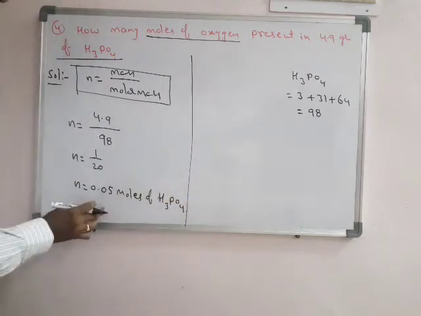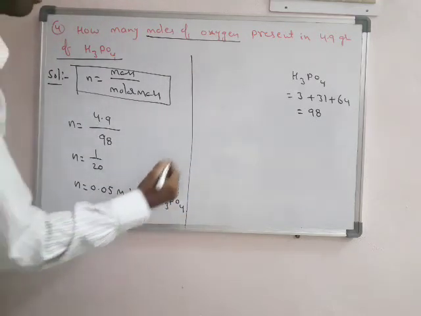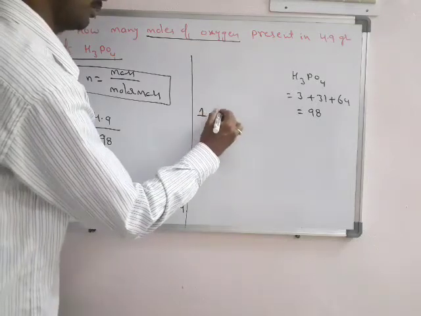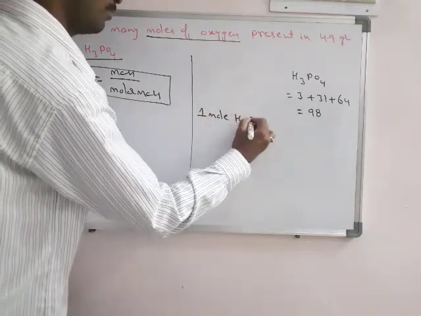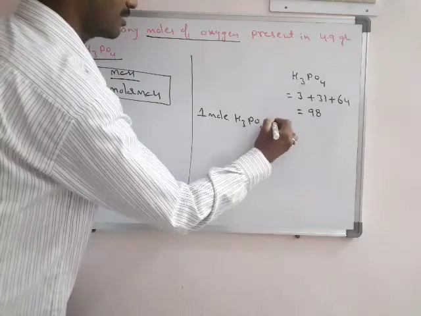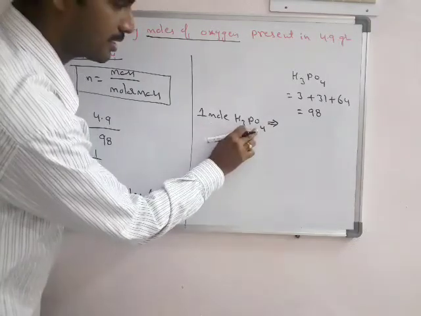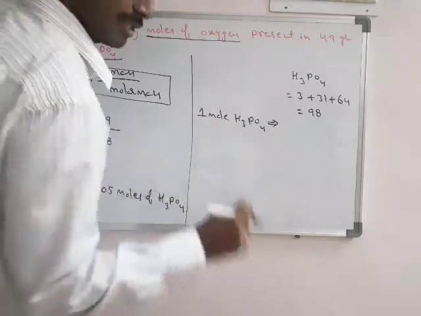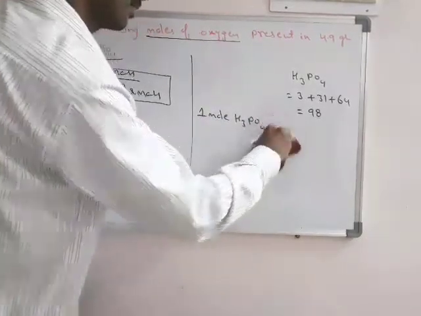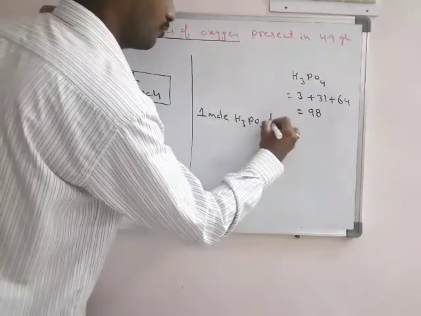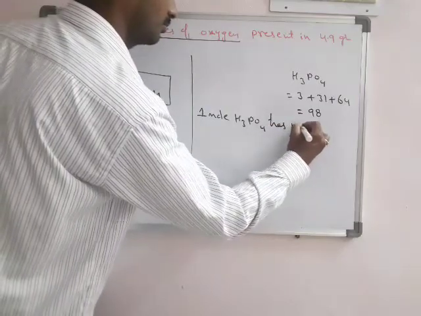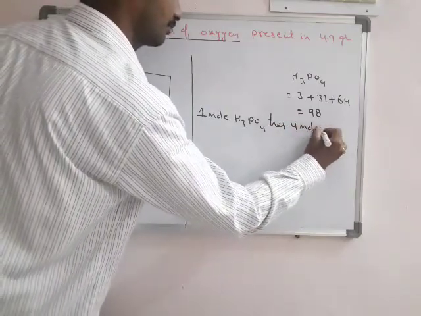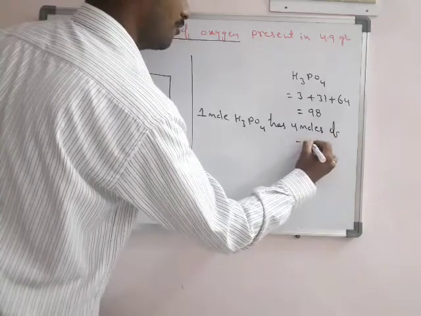So by observing this H3PO4, for example, 1 mole of H3PO4 has how many moles of oxygen? 4 into 1, that is 4 moles. So 1 mole of H3PO4 has 4 moles of oxygen.